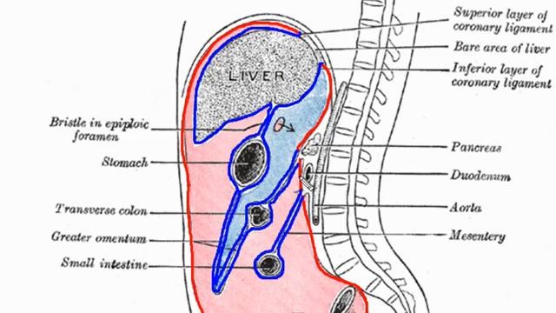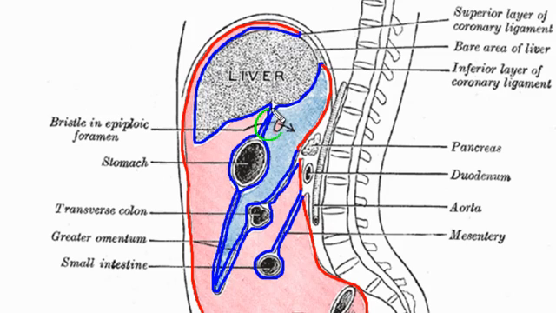So the peritoneal cavity is divided into a greater sac and a lesser sac. Remember I mentioned omentum. There's a lesser and a greater omentum, and the lesser omentum connects the lesser curvature of the stomach to the porta hepatis of the liver.